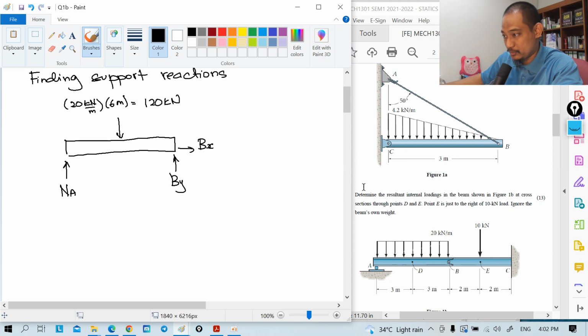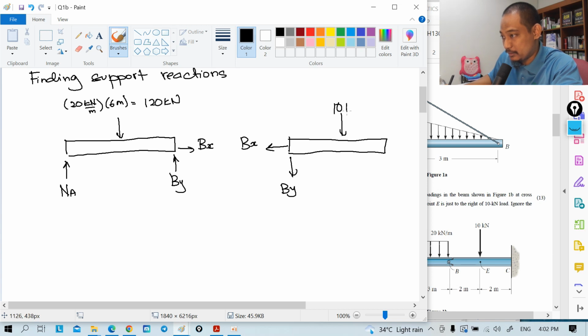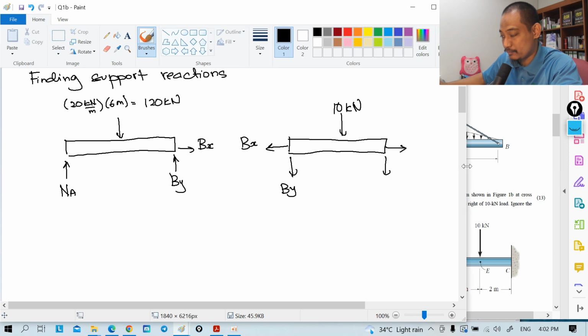If you draw the free body diagram of the other beam, obviously Bx and By have to be opposite, like that. And then you have the 10 kilonewton going down here, and then at C you have, let's say, Cx, Cy, and moment Mc, let's say like that.